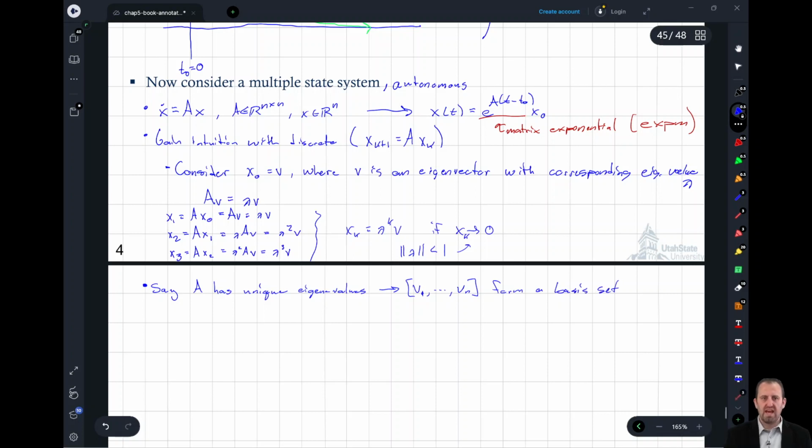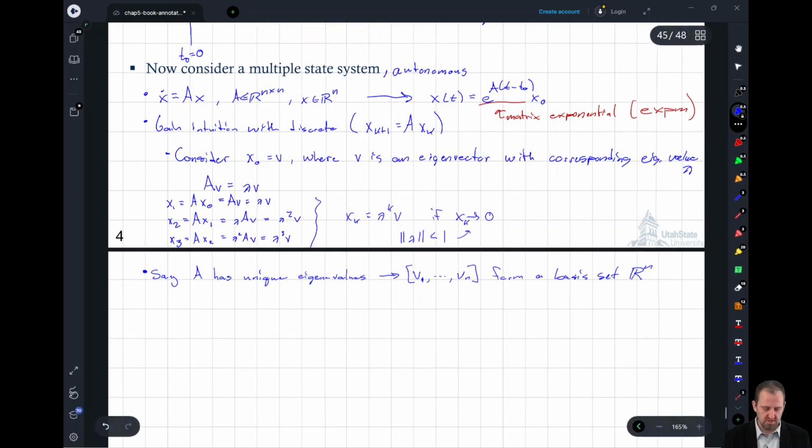Now, if we have repeated eigenvalues, that's not going to necessarily hold, right? What we can do is augment our eigenvectors, and the argument we're about to make still holds fairly well with some small changes.